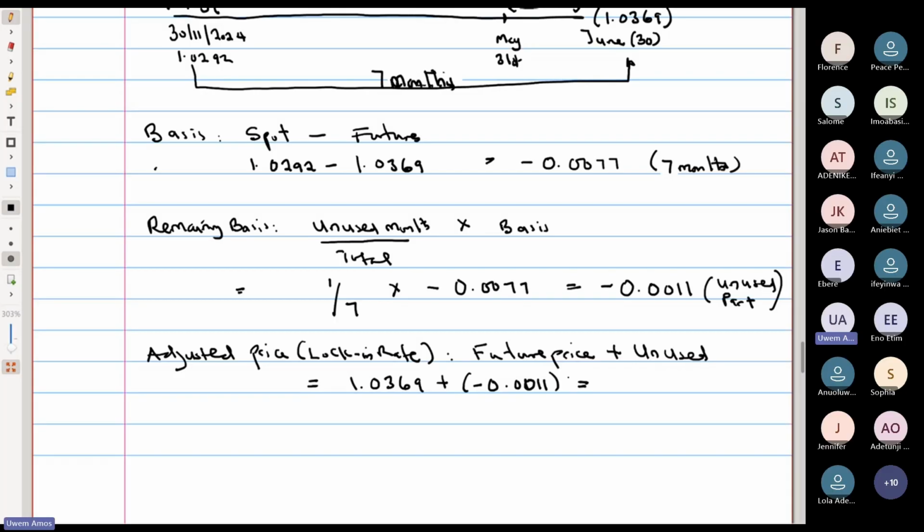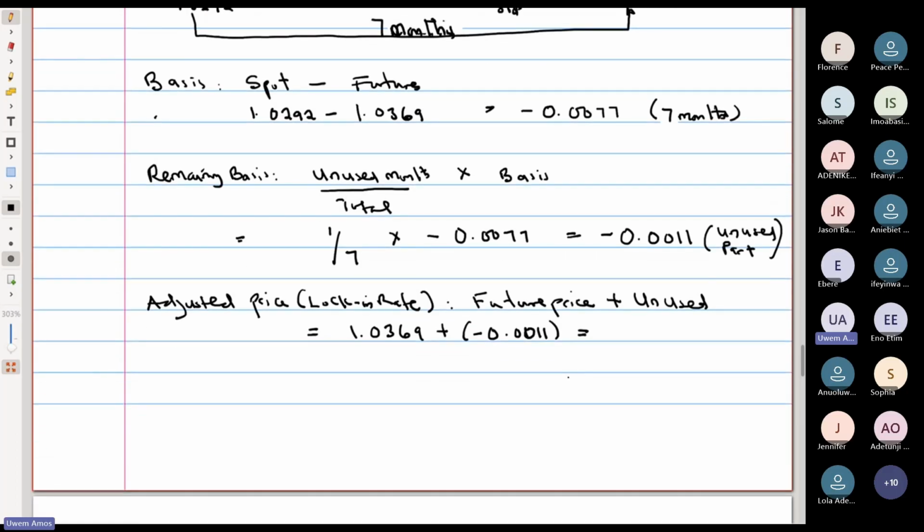So that is 1.0369 minus 0.0011. That gives us a lock-in rate of 1.0358. So this becomes our final rate or final adjusted rate.